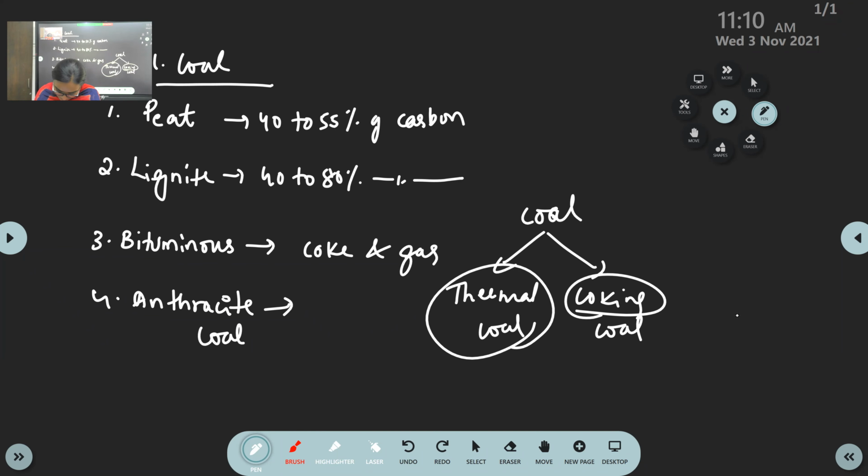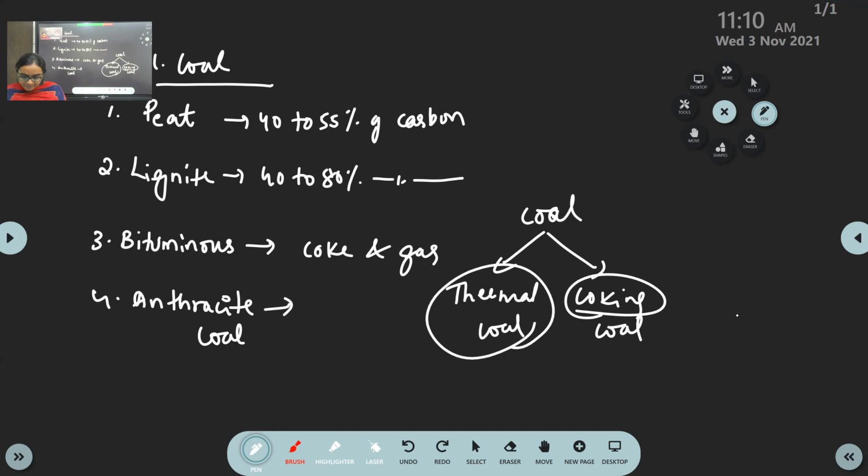Next, India has the fifth largest coal reserves in the world, after USA, Russia, Australia, China.